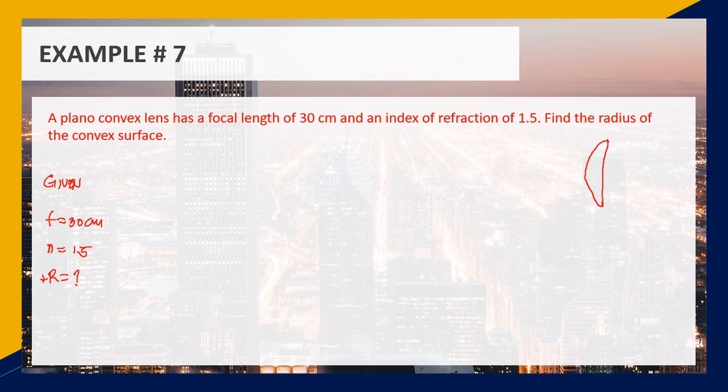Okay? Formula. So same lang gihapon nga formula, 1 over f is equal to n minus 1 times 1 over r1 plus 1 over r2. Okay? So solution. So 1 over f is equal to n minus 1, then 1 over r1.